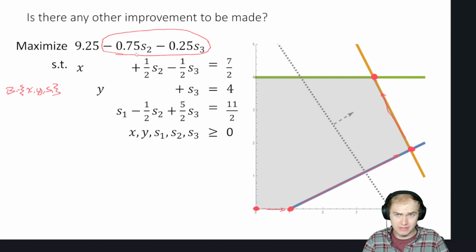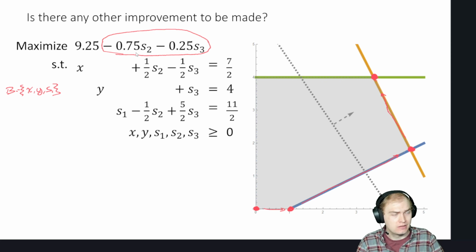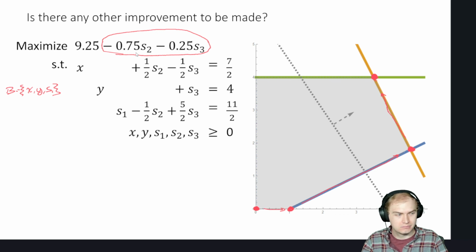So if we increase either of our non-basic variables, we are decreasing the objective function value, which we don't want to do because we're maximizing. Which means that we're done. We've solved the problem.